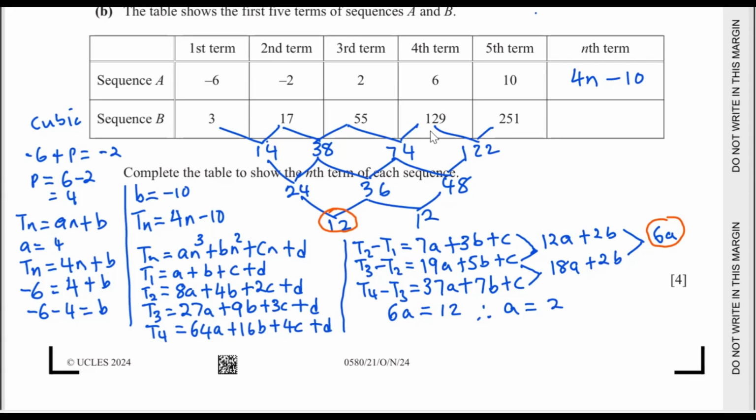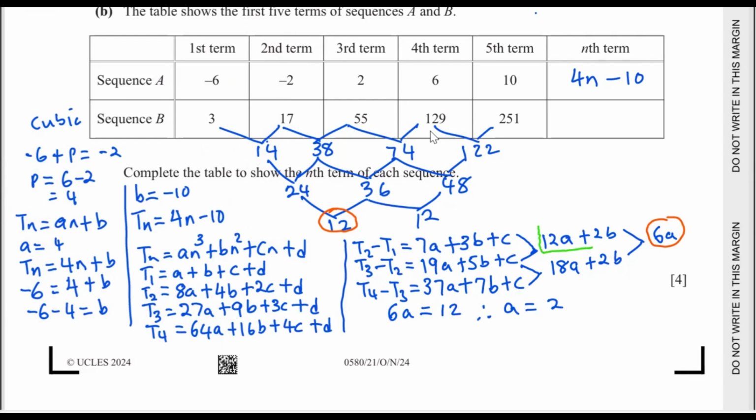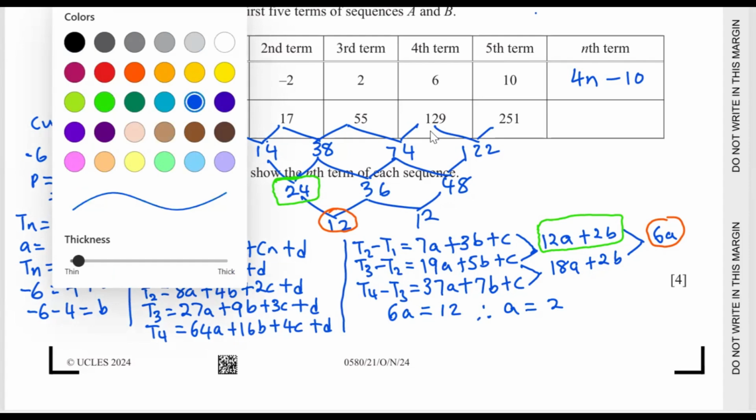So we need to find the value of b, c, and d. If we look at this, we are going to equate this second difference here. We equate it together, but we know the value of a.